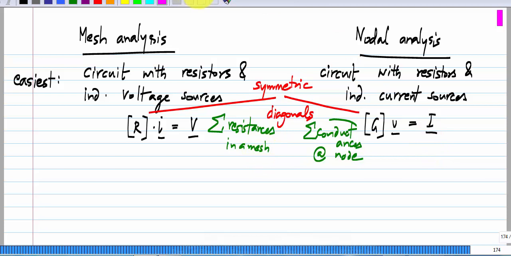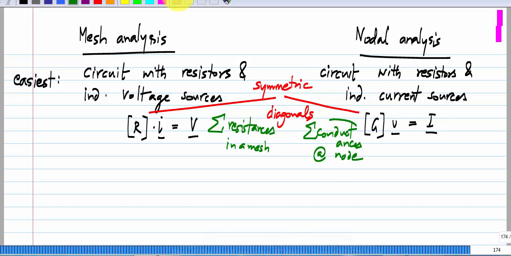Off diagonal elements were also similar. In nodal analysis, the off diagonal element was the negative of the conductance between two particular nodes, and similarly in mesh analysis it was the negative of the resistance common to two meshes.